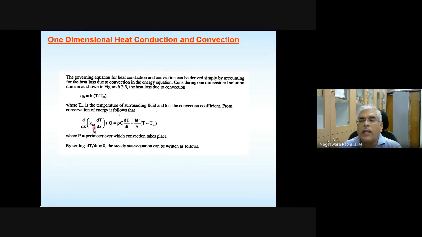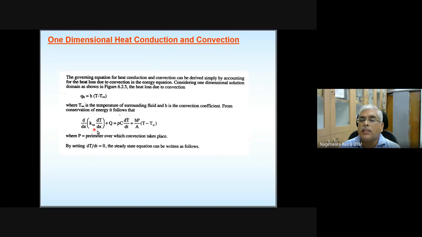But keep in mind that this general one-dimensional boundary value problem has several applications. Maybe tomorrow, if you want to do some interdisciplinary research, you may go through all this again. So this is the differential equation including both heat conduction and convection.